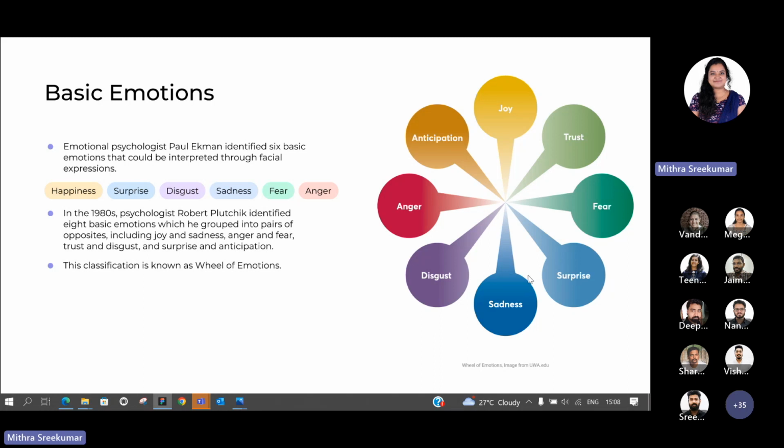It resembles the color wheel, and just as in a color wheel we can mix colors, here also we can mix emotions to create another emotion, like joy plus trust giving something like excitement or trust. So this is all about emotions.